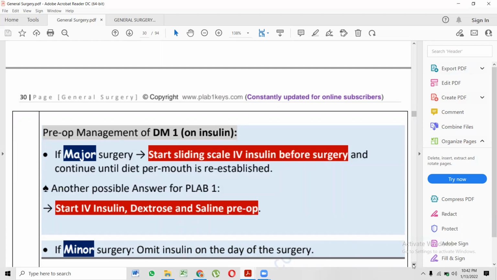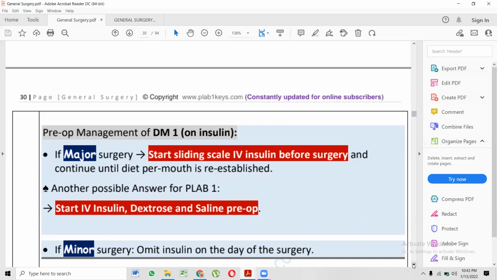Or we can start IV insulin with dextrose saline. In a sliding scale, the insulin is given to the patient according to his random blood sugar levels.